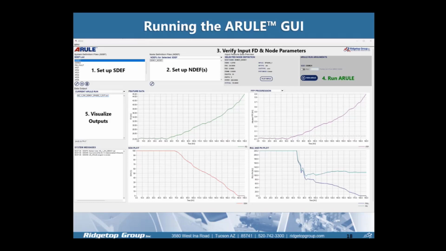And following that, you move to the right. You verify if whatever inputs you gave it are correct, and you can also preview the input feature data that you give it. And once you find that everything is right, you can go to the right and run ARULE.